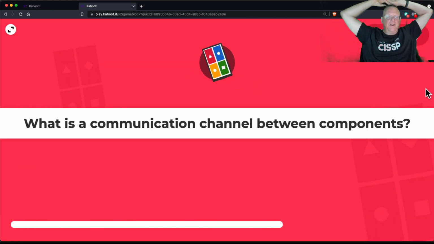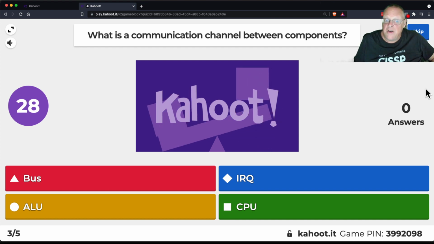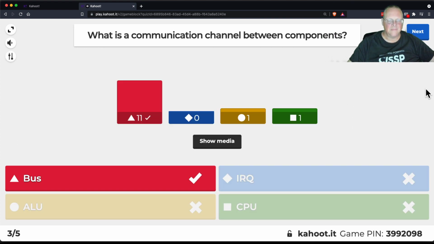All right. So what's the communication channel between components? All right, that's the bus. Good.